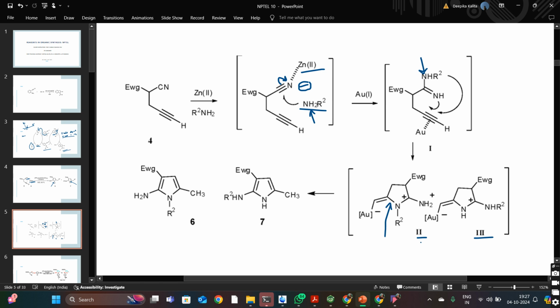Then after this, you simply have to aromatize these two intermediates to get the desired pyrrole products 6 and 7, which are the products given in the reaction. Okay, I hope this mechanism is clear to you.